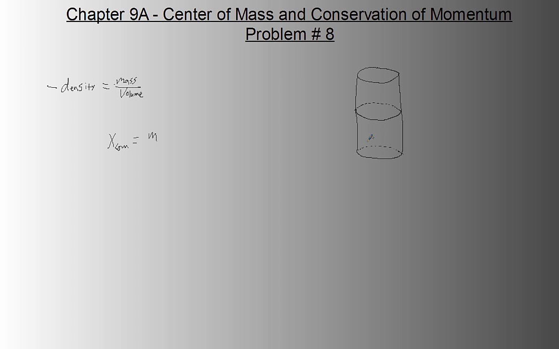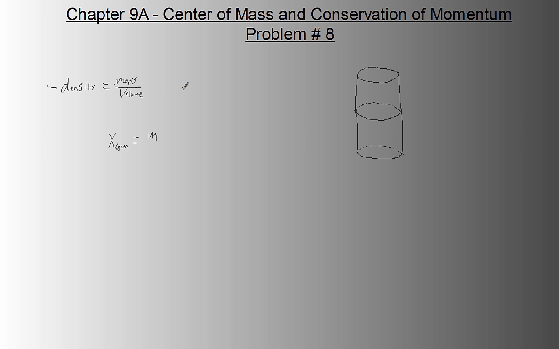And so what's the mass of the soda here? I don't know. But what you do know is that the density of the soda doesn't change. Just because the soda is leaking out doesn't mean the density changes. And so you know that the density of the soda when it's full is the same as the density of the soda when it's down at the lowest center of mass. And so you got a little tiny system of equations there.